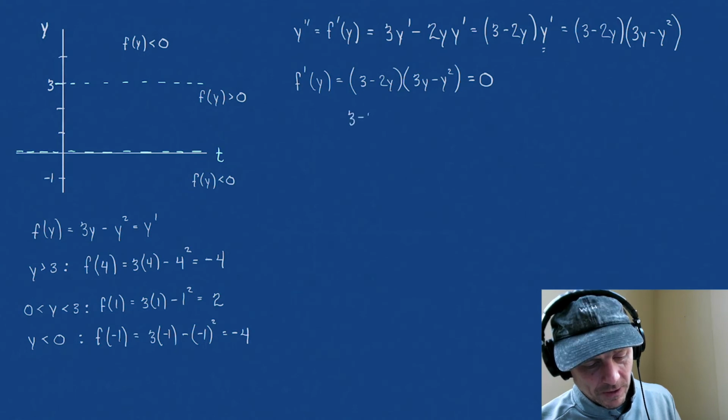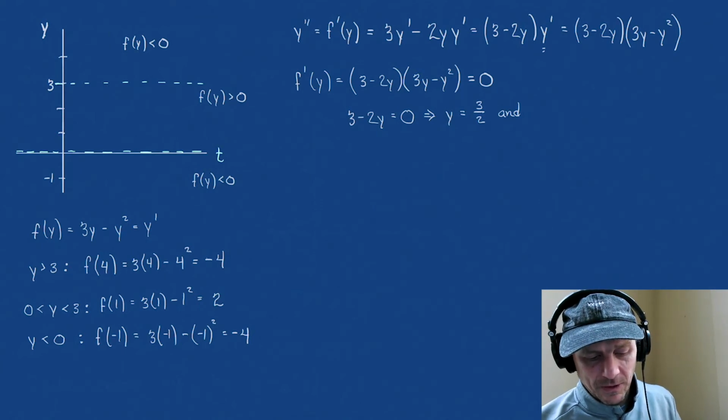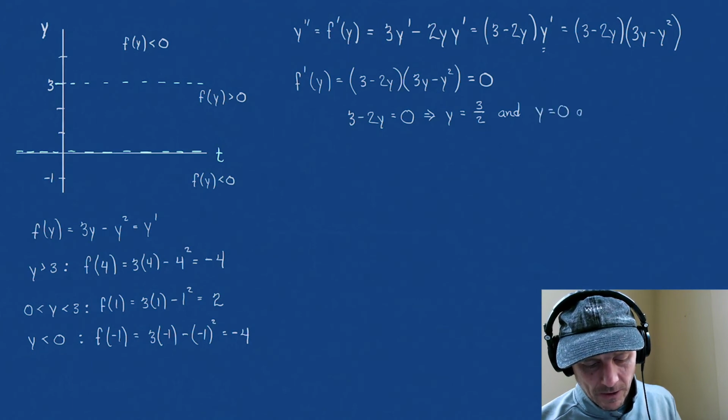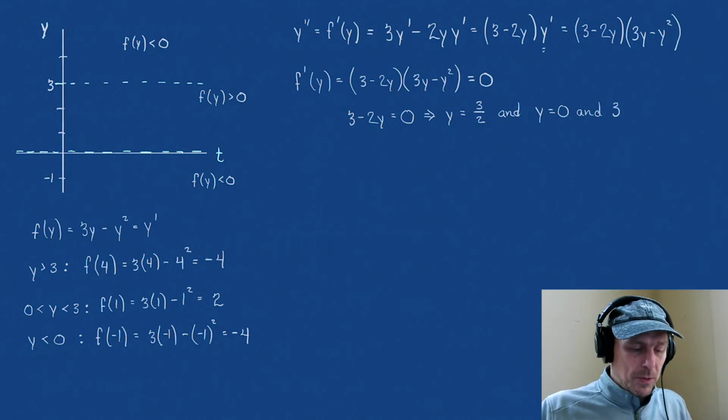So 3 minus 2y equals 0. That would give us y equals 3/2. And the other part of this is that we've already solved when 3y minus y squared equals 0. We've already done that, so we know that y equals 0 and 3 again. So that's the horizontal point.